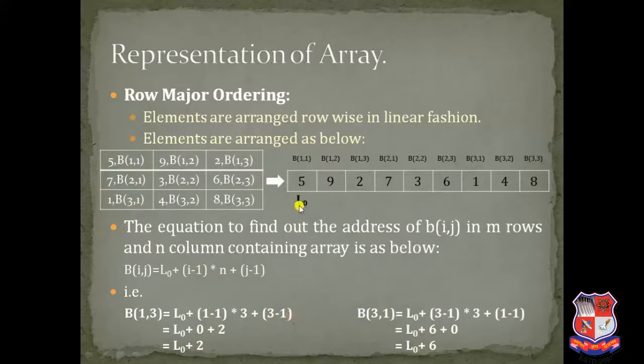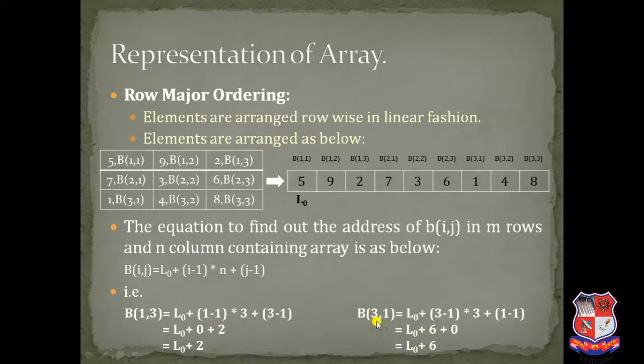So here you can see L0 is the address of element 5, and from this address if I move 2 elements, 1 and 2, then I get the address of B13, as you can see over here. Similarly, if I would like to calculate the address of B31, I can apply the same formula and I get L0 plus 6.